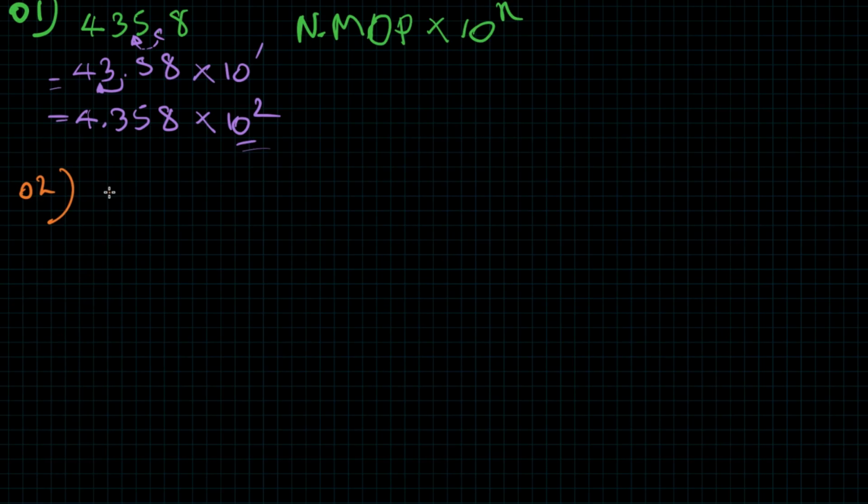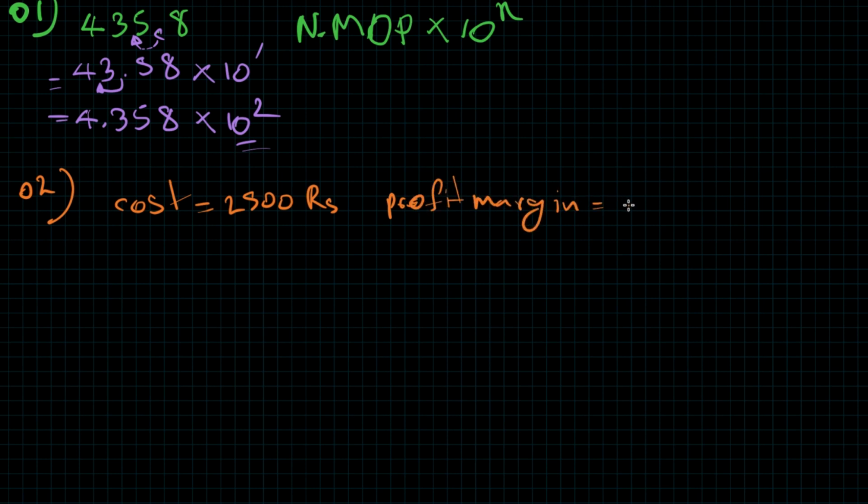I'll write cost, that is the item price. Item worth is 2,500 rupees. It's better to write the rupees in front of the number. And profit margin is 20%.